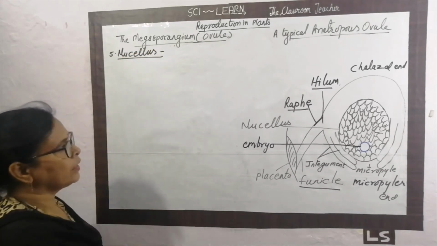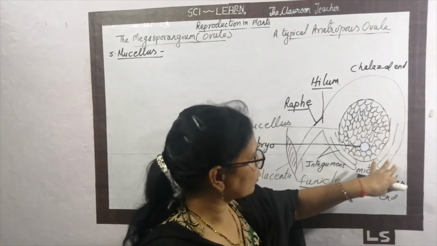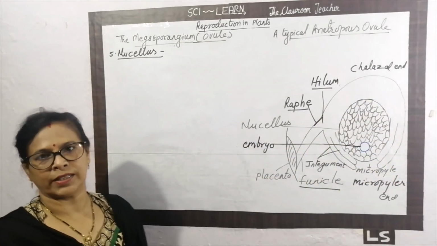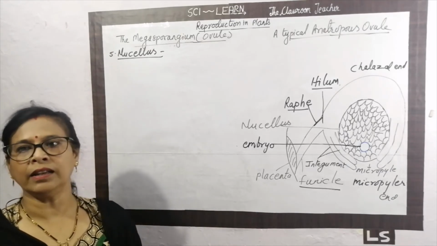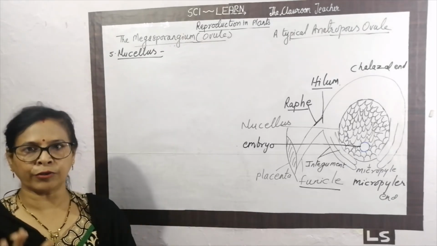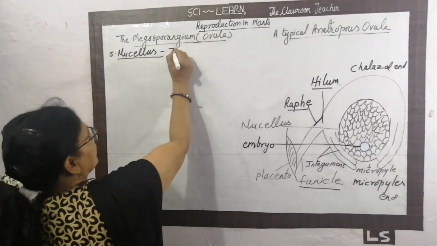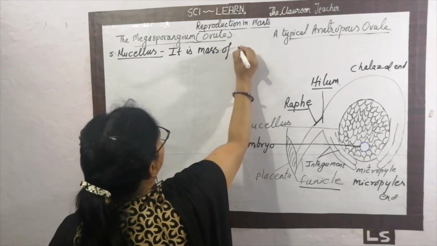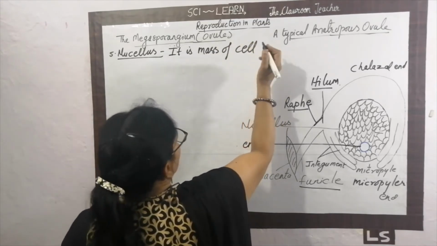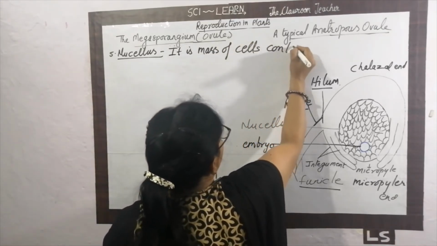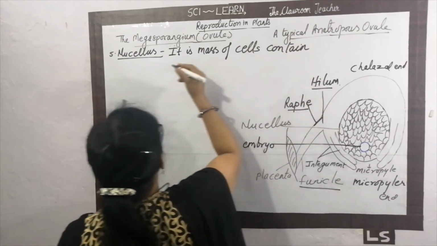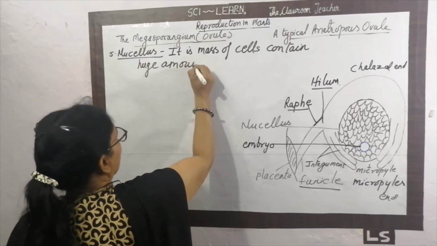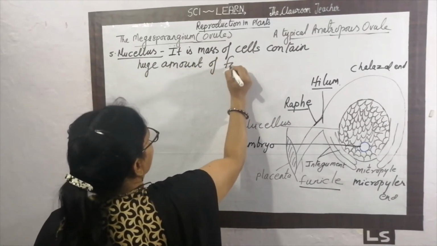Okay. Now, what is the nucellus? The whole round covering present here is called the nucellus. It is a mass of cells containing an abundant amount of reserved food material.